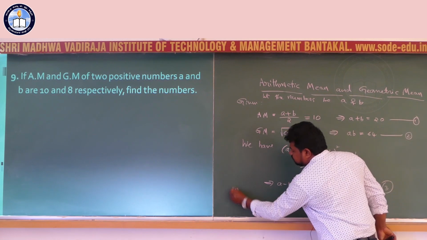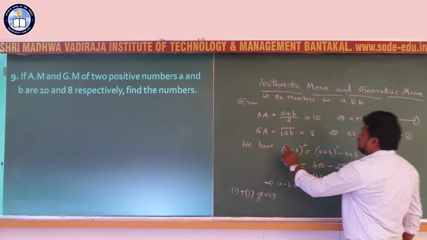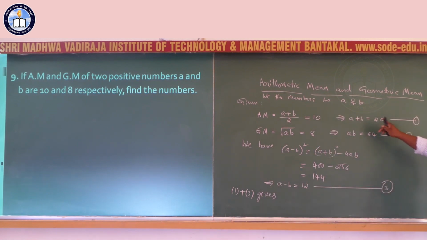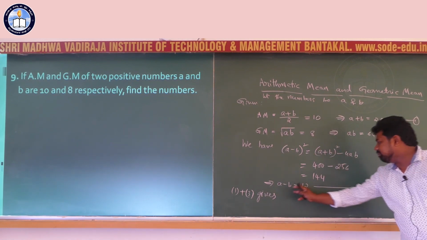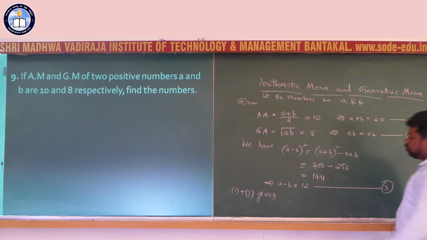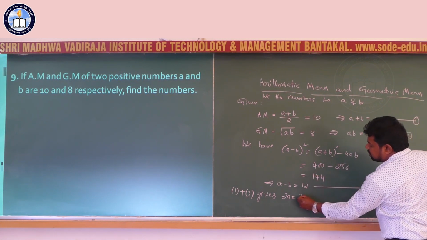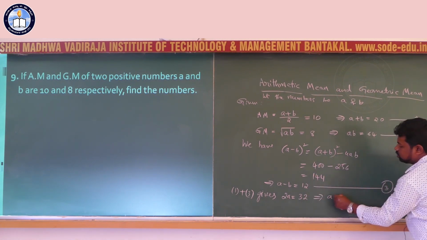Equation 1 plus equation 3. Equation 1: a plus b equal to 20, equation 3: a minus b equal to 12. Add these two, plus b minus b cancel, 2a equal to 20 plus 12, 32. It implies a equal to 16.